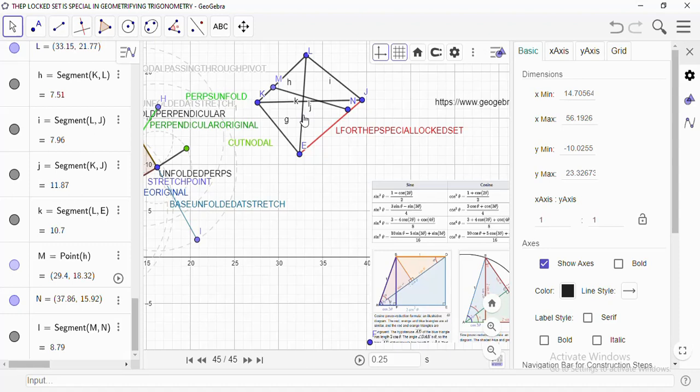From that we can do inquiries like: how many similar triangles are forming in this case, what is the perimeter forming in this whole locked set, what are the isoperimetric quadrilaterals forming inside this whole large number of data sets, how many collinear and equal-sized line segments are forming in the process. We can think of whether there are any concentric circles forming among this large number of endpoints of the line segments.